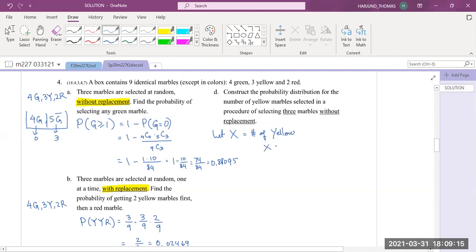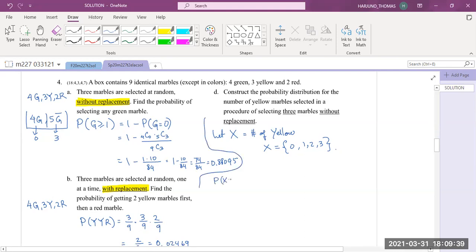Now this X can be no yellow, maybe 1 yellow, 2 yellow, 3 yellow at most. It has 3 yellows, but the reason it is at most 3 is also because you only select 3 marbles without replacement, right? So you may have at most 3 yellow marbles.